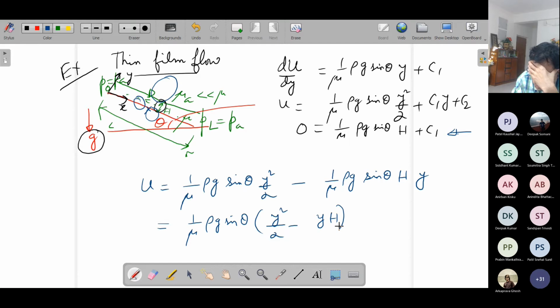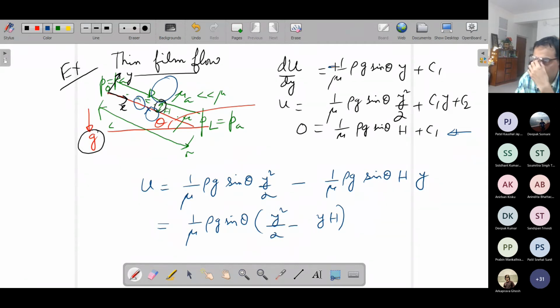There is only one adjustment that we have to make while writing this equation, because d2u/dy2 was on the other side and rho g sine theta. So it was d2u/dy2 plus this is equal to 0, and we have integrated, but before that the velocity gradient was taken on one side and this term on the other side, this is a minus, right?